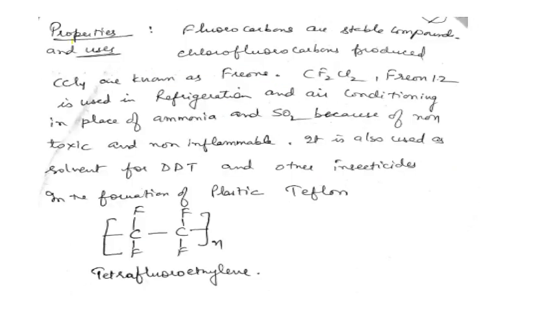What are the different properties and uses of the fluorohydrocarbons? Fluorocarbons are very stable compounds, and the chlorofluorocarbons, derived from carbon tetrachloride by the replacement of chlorine atoms by fluorine atoms, are known as freons.